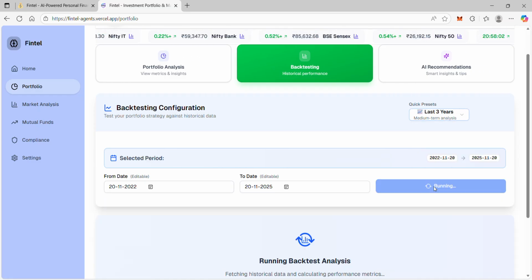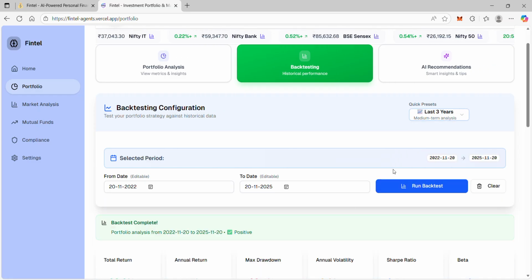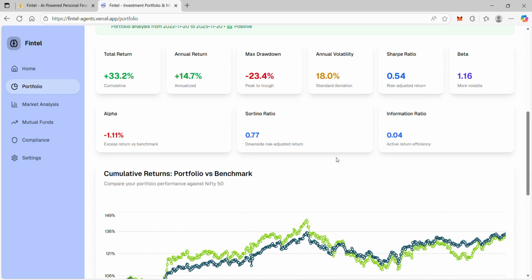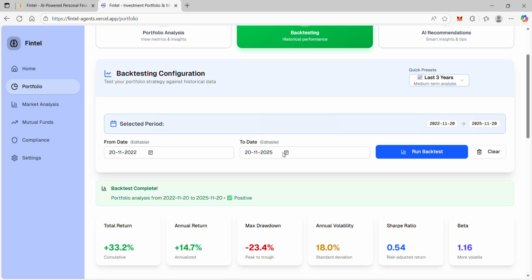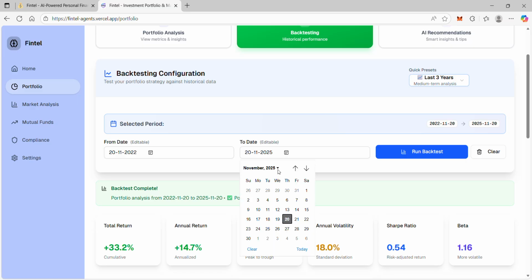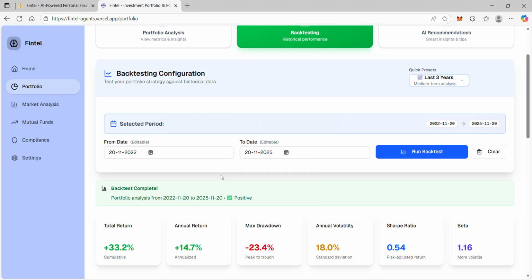Yeah, the API is down. So it backtested for the last 3 months. You can also select a custom period and test it during a given time frame.